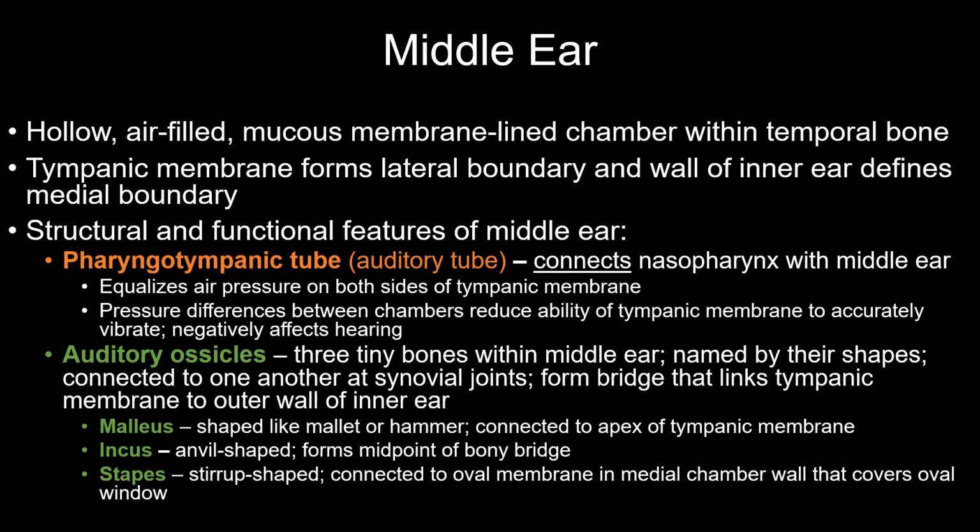Normally, this tube is collapsed, but it will open briefly when we yawn or when we swallow. Okay, and that's why you'll hear people telling you to chew gum on an airplane, because of the difference in air pressure between your middle ear and the environment.